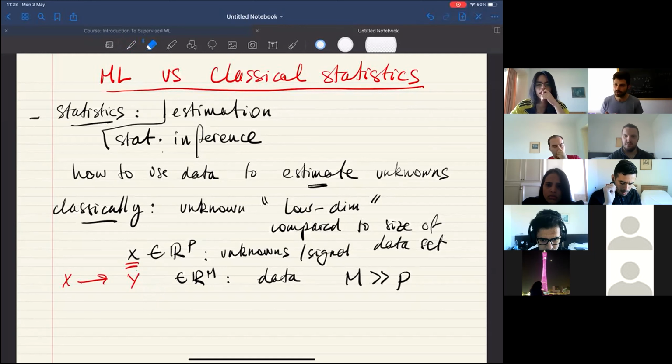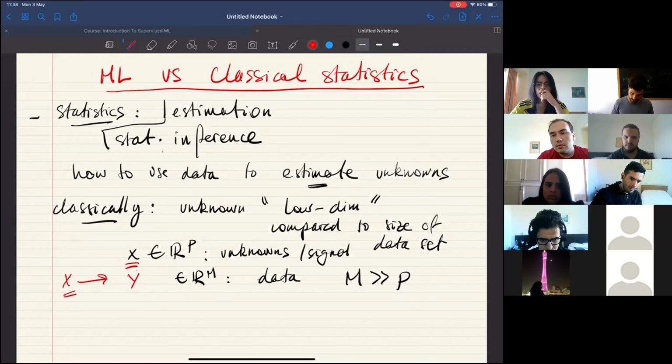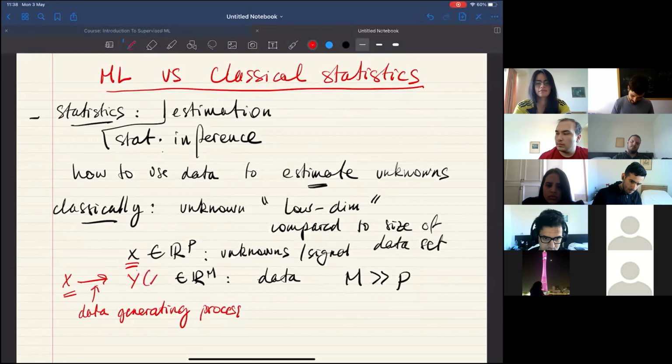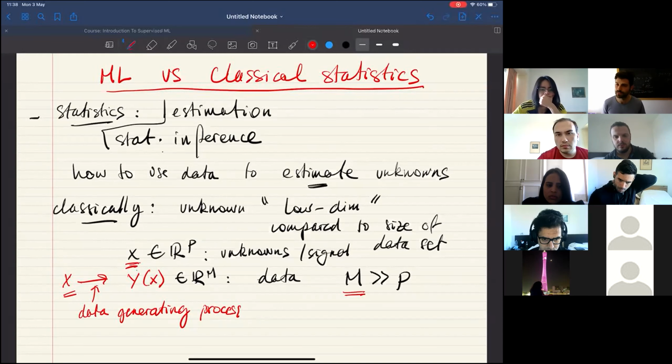I'm not talking about machine learning. I'm talking about statistics. Just saying you have some unknowns, and you generate data according to some process. This is a data generating process. At the end, you get data that depends on these unknowns. And your task, given this large amount of data, these M data points, is to recover these few unknowns of dimension P. Yes, I get it. Thank you.